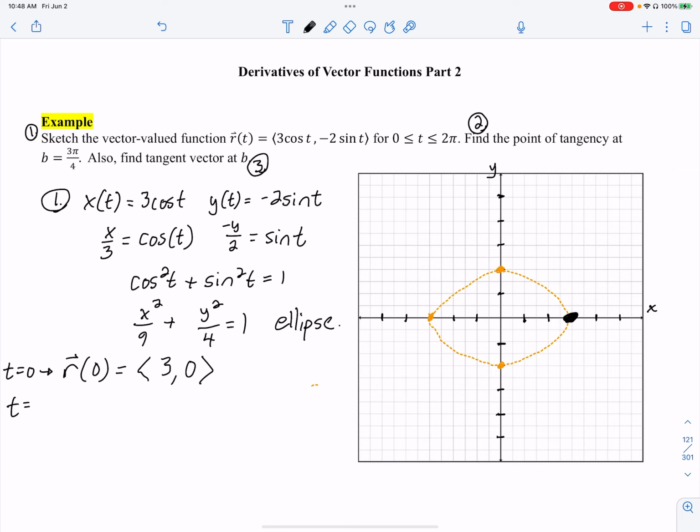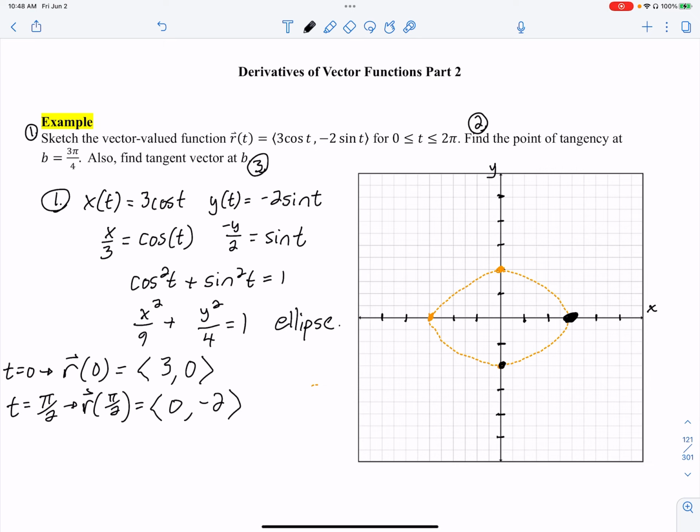Let's get another value. I'm going to do something that's going to work out nicely. So I'm going to do pi over 2. I put a 0, but I meant pi over 2. Okay. Cosine of pi over 2 is 0. Sine of pi over 2 is 1 times negative 2 is negative 2. So the next point is 0, negative 2.